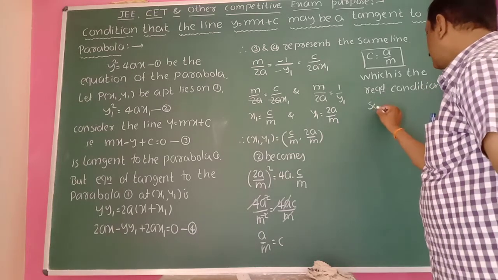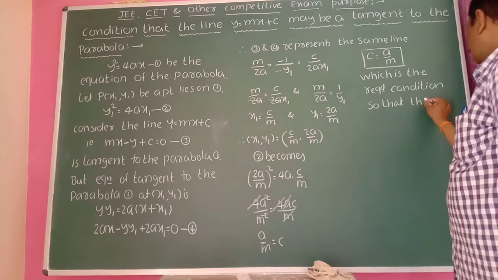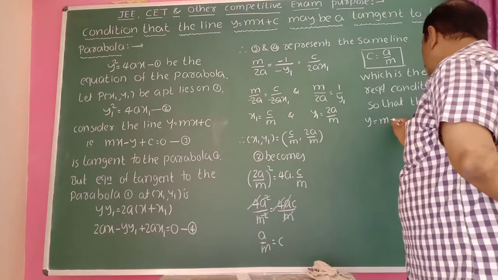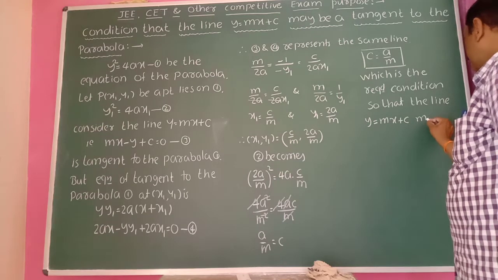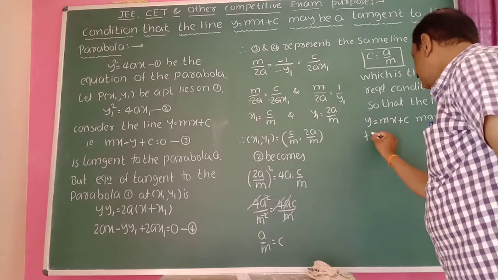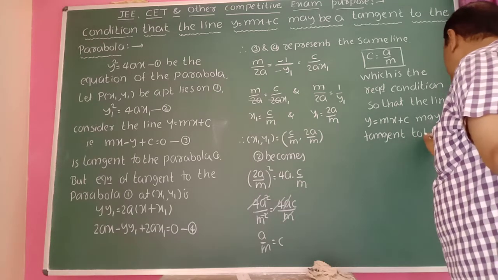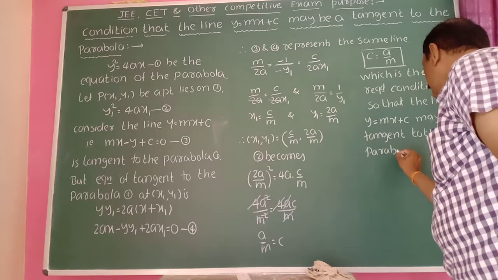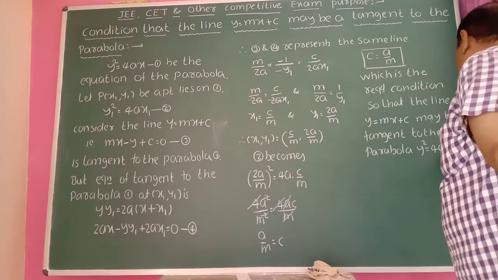So that the line y is equal to mx plus c may be tangent to the parabola y square is equal to 4ax.